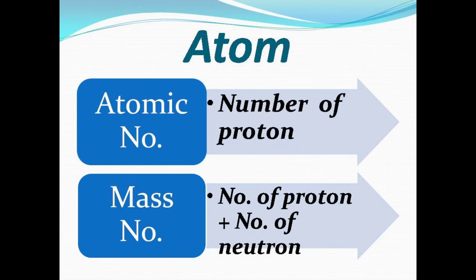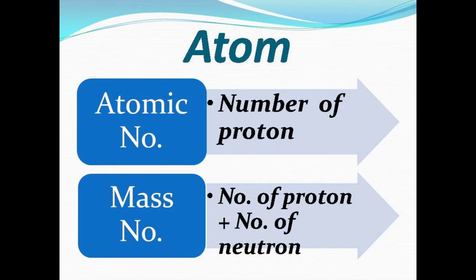Atomic number is equal to the number of protons present in the nucleus of an atom. If the number of protons present in the center is 2, the atomic number will be 2. If the number of protons is 4, the atomic number will be 4.